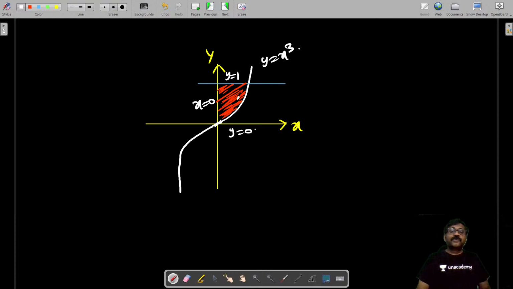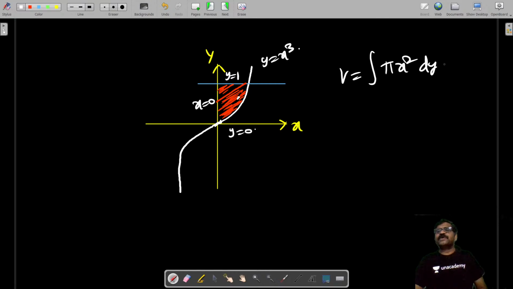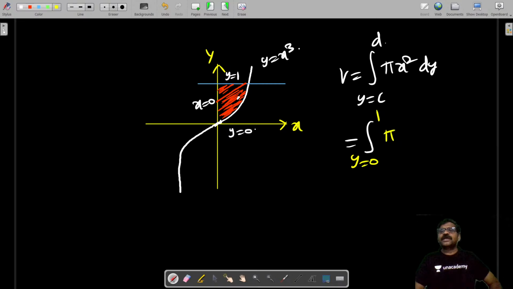Now, the formula for volume of revolution around the y-axis is integral of pi x square dy, from y equal to c to y equal to d. In this problem, y equal to 0 to y equal to 1, pi x square.